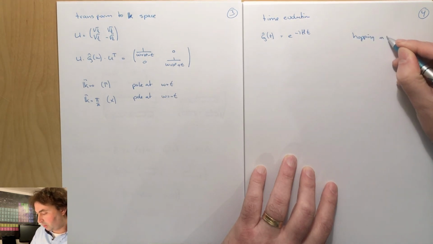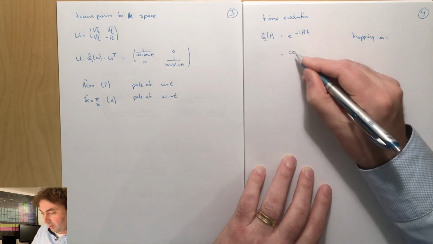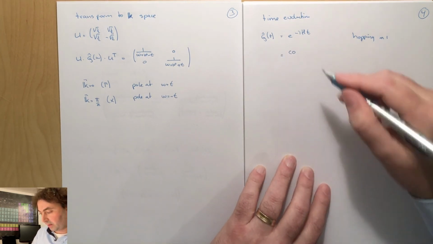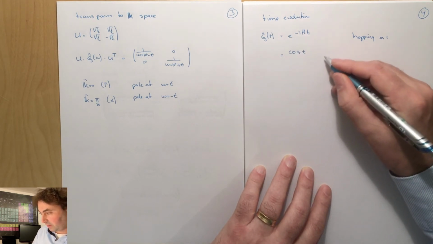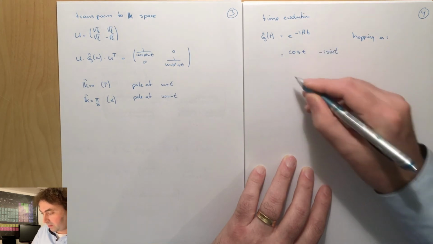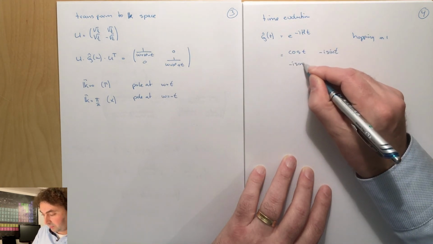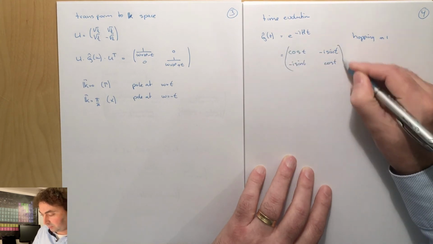So let's set our hopping equal to 1. And if we then calculate e to the minus iH times the time, then we find that our matrix is given by cosine t on the diagonal and minus i sine t on the off diagonal.